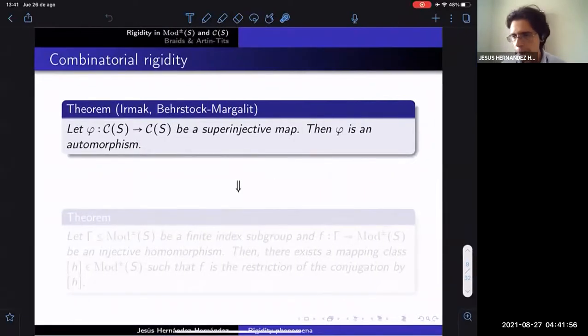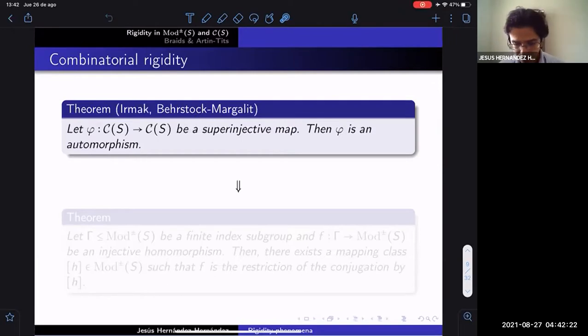For example, Irmak and afterwards Bowditch and Margalit for the remaining cases proved that if I have a map from the curve graph to itself that is a superinjective map, whatever that means right now, it's technically a generalization of an automorphism, then this map is actually going to be an automorphism.